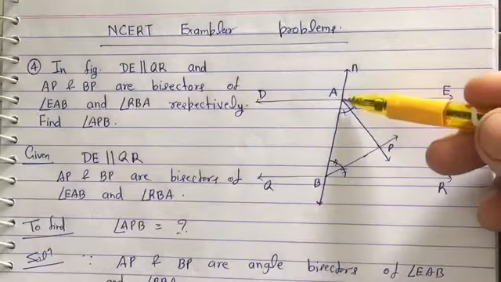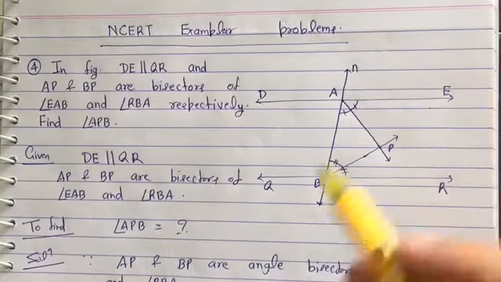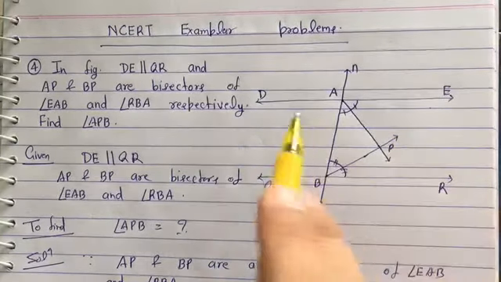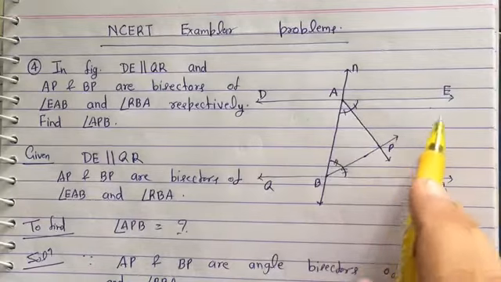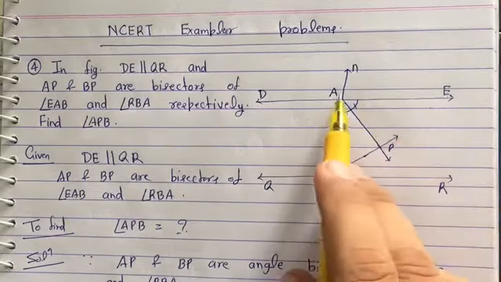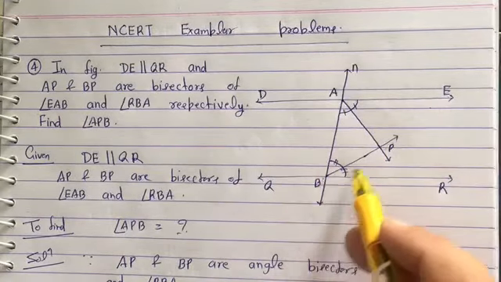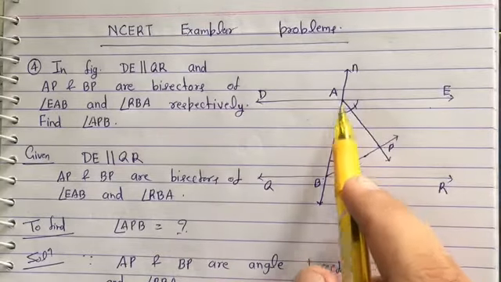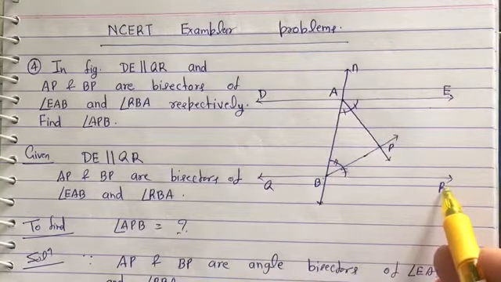This is AP and this is BP. AP is a bisector of angle EAB and BP is a bisector of angle ABR.